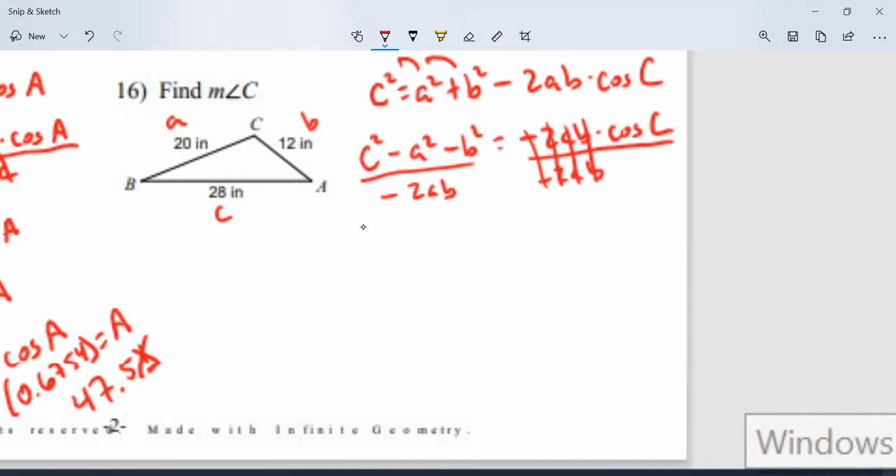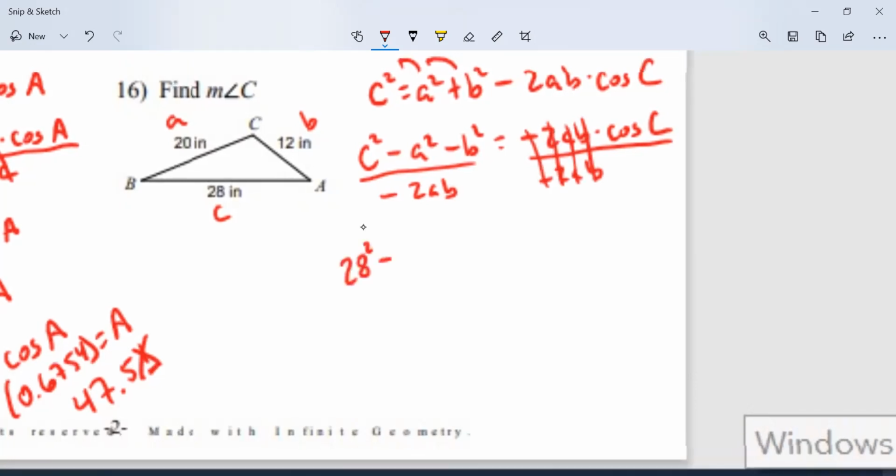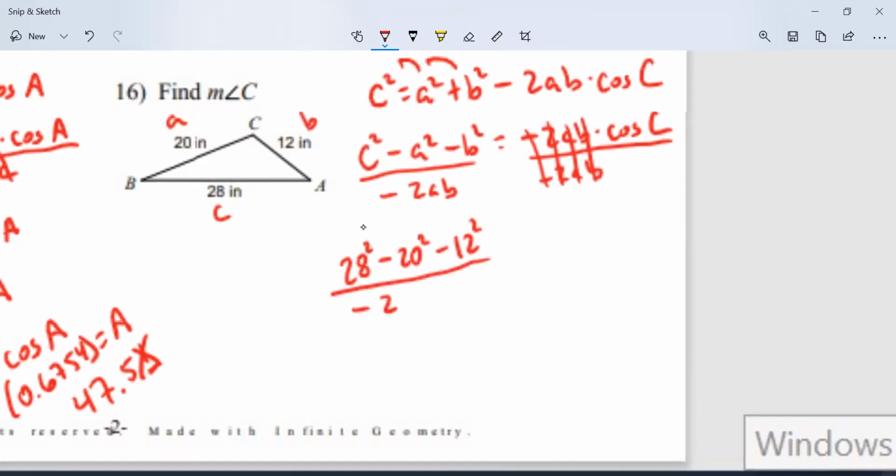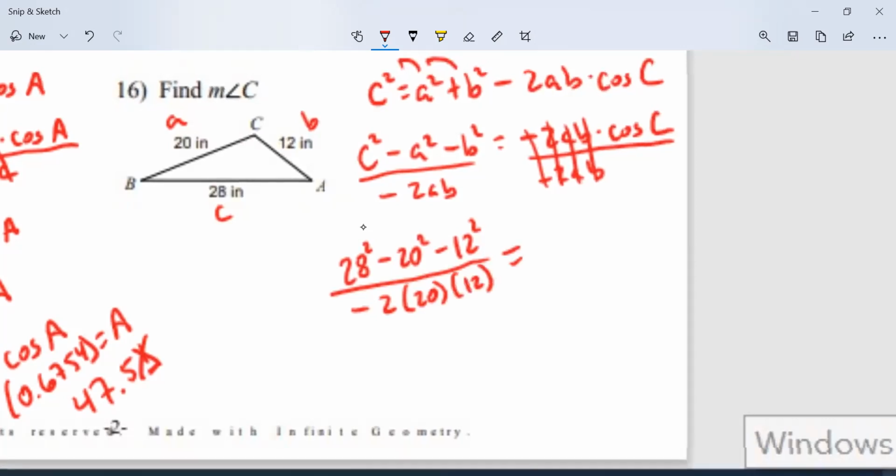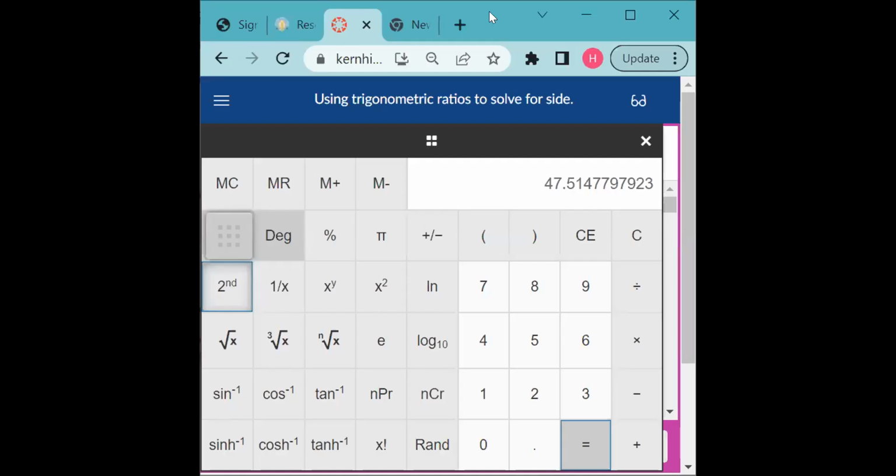Let me replace the values that I know. So 28 squared minus 20 squared minus 12 squared over negative 2 times 20 times 12. And all this is going to equal cosine of angle C. Okay, so my calculator here.